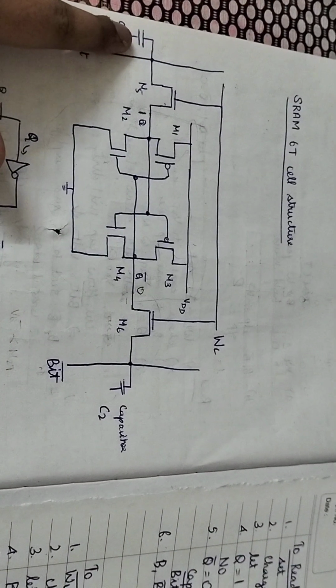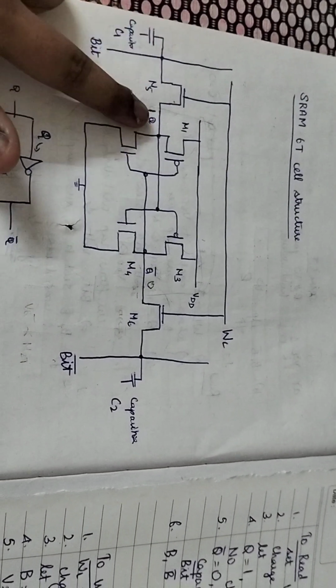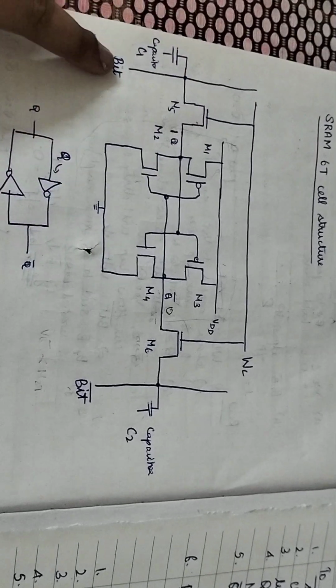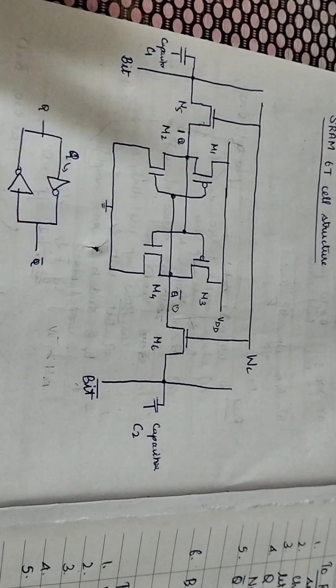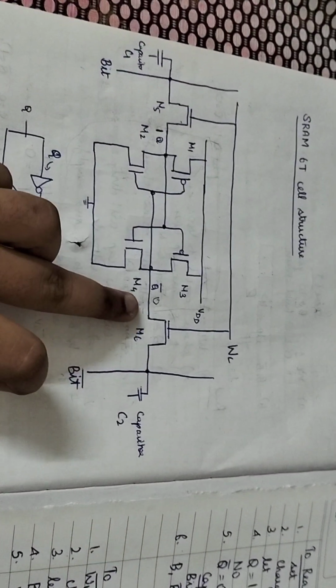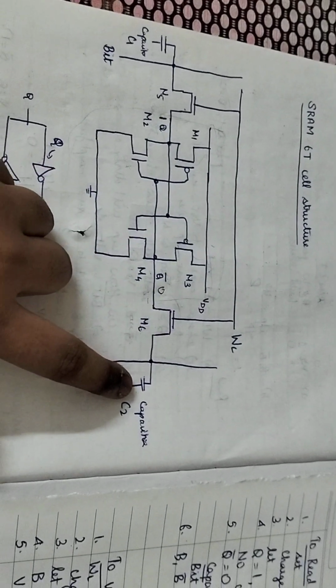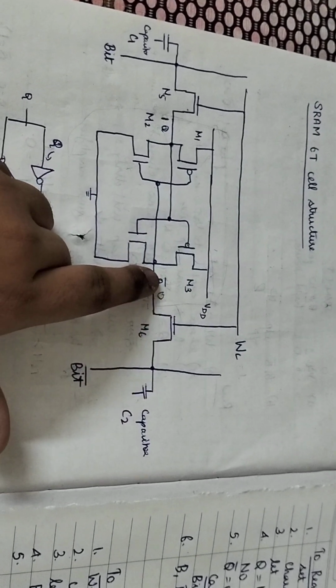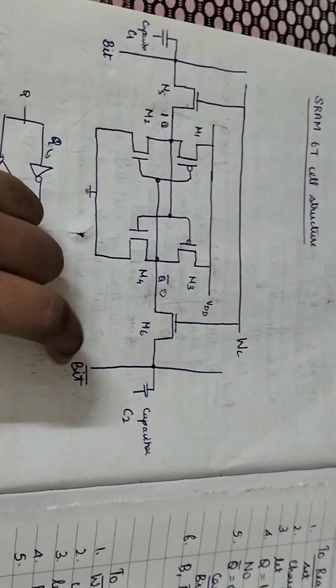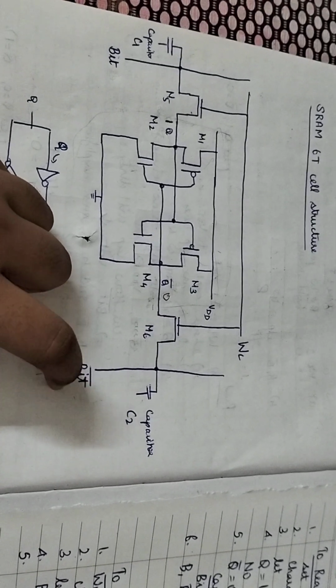Because this is fully charged and this is also high, there is no potential difference between these 2 points. So the voltage across bit line remains as such. Because this is a low and this is fully charged, there is a potential difference. To bridge that, the charge starts flowing from C2 over here, meaning bit complement line's voltage is reducing.